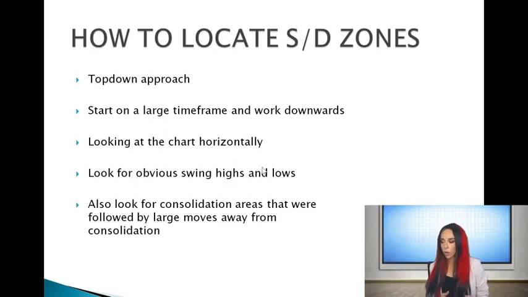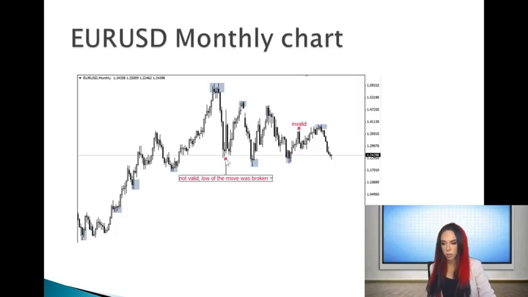When you're looking for your obvious highs and lows, you also need to look out for consolidating patterns, just like you will see on this chart. So here's the euro-dollar monthly chart. Here's one consolidation. Here's a sort of a massive bearish engulfing. Here's another consolidation and another and another and another.